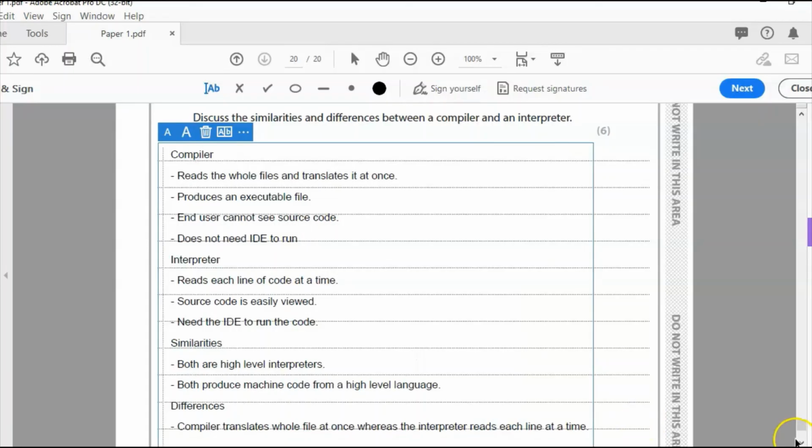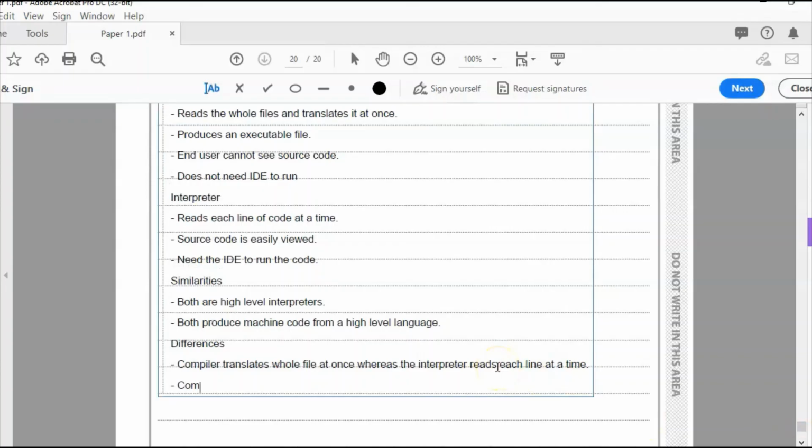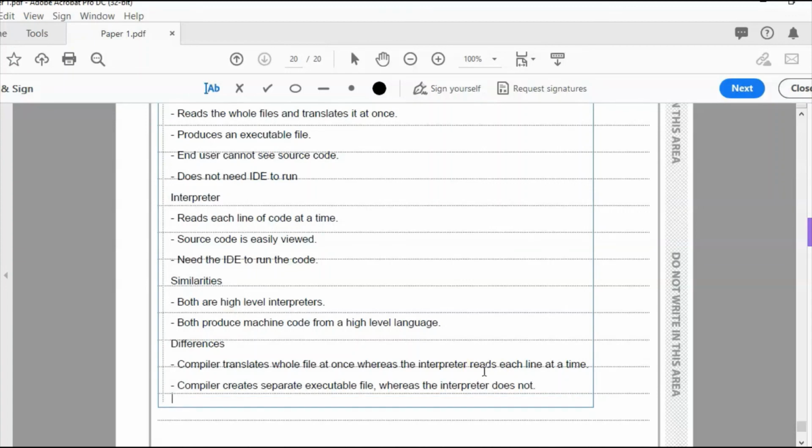Well, let's look at the fact that compiler creates a separate executable file, whereas interpreter does not. Now, the compiled code does not need an IDE, unlike interpreted code. So you don't need separate software.